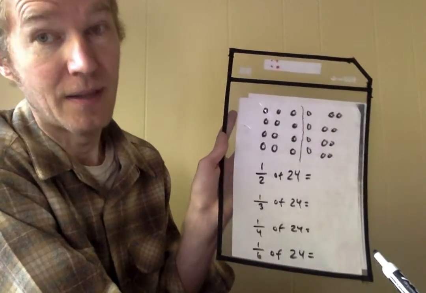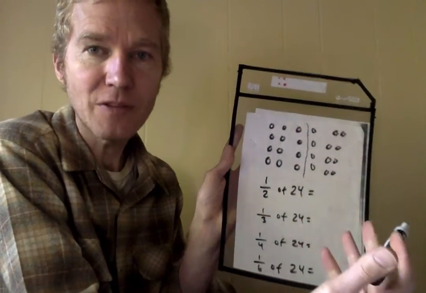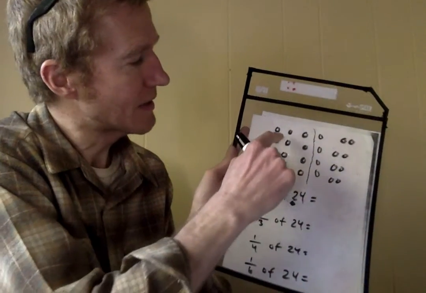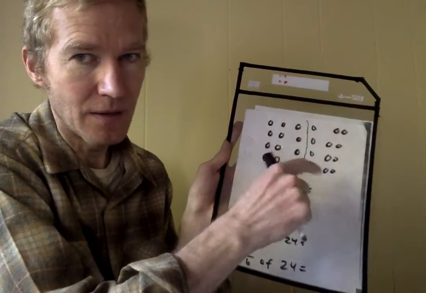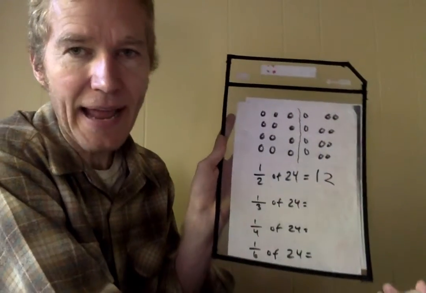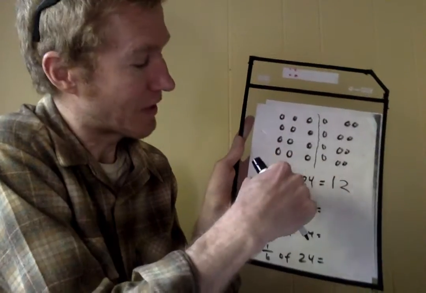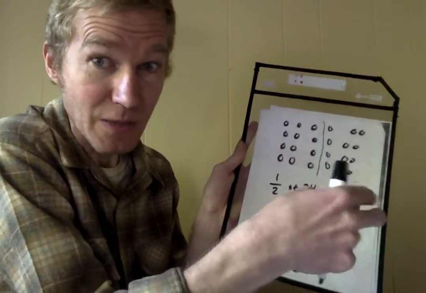Just like that. That's going to be cut into 2 equal groups. 1/2 of 24 is, well, let's see, 3, 6, 9, 12. 1/2 of 24 is 12. I just cut it into half, and I count up how many there were on each side, because we want 2 equal chunks.